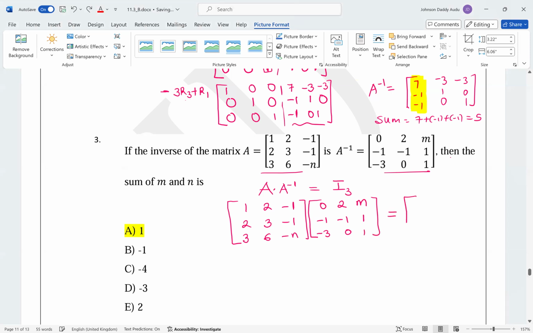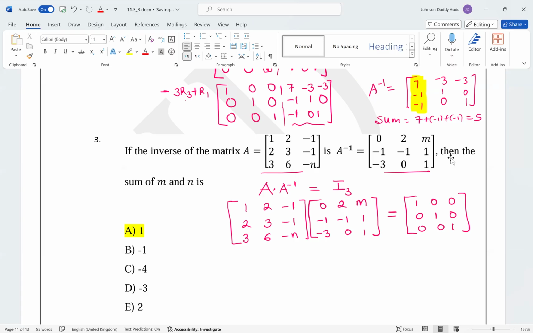So this should be 1, 0, 0, 0, 1, 0, 0, 0, 1. Right. So all you need to do is you just try to see where there is m and where there is n, and you can get this one.